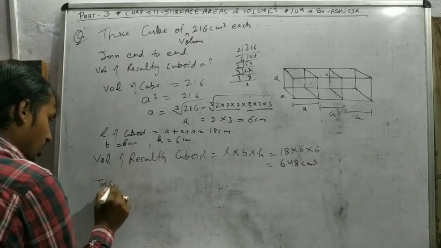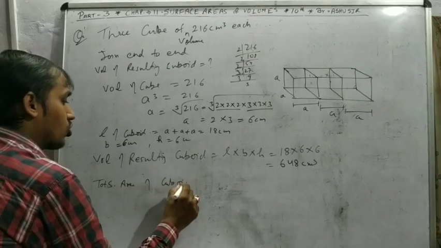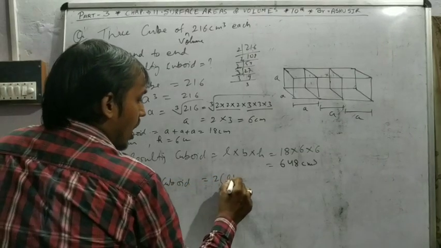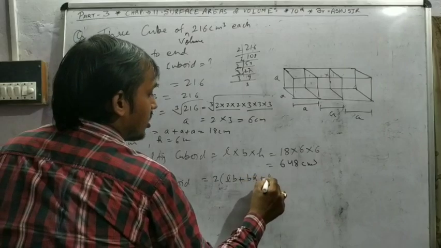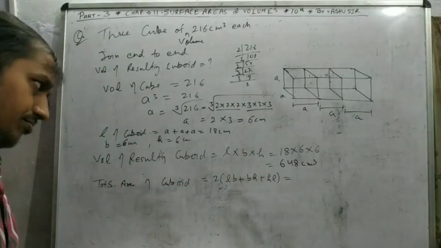If the question says find the total surface area of cuboid, then total surface area is 2(LB + BH + HL). Only we have to use the formula, nothing else.